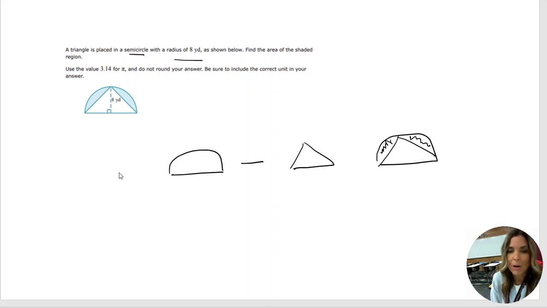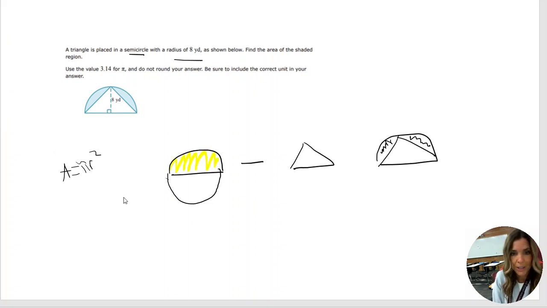Okay, so we know that a semicircle is half of a circle. So if we find the area of a full circle using our area formula, which is pi times radius squared, then to find the area of a semicircle we'll just find half of it.